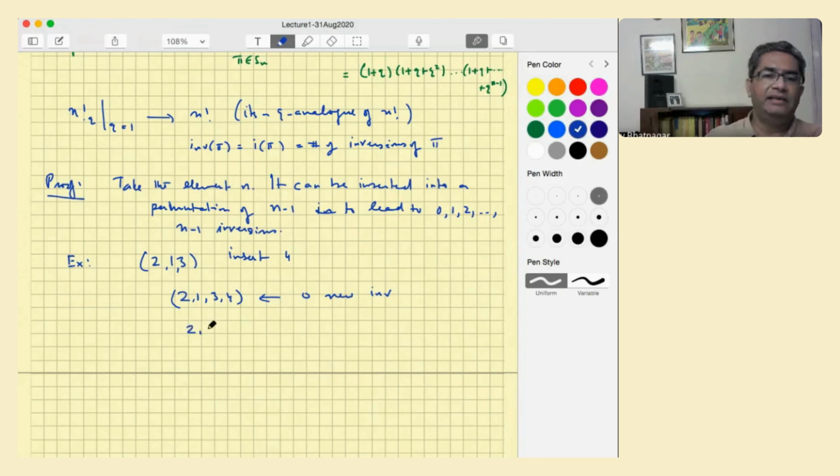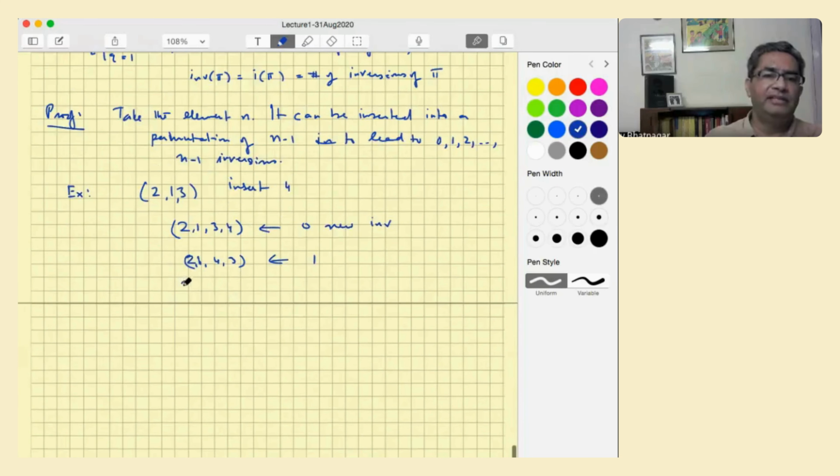If I insert here, this gives me 1 new inversion. If I insert here, then it gives me 2 new inversions. And if I insert here, it will give me 3 new inversions.